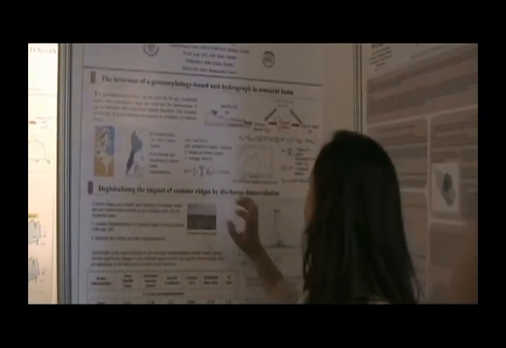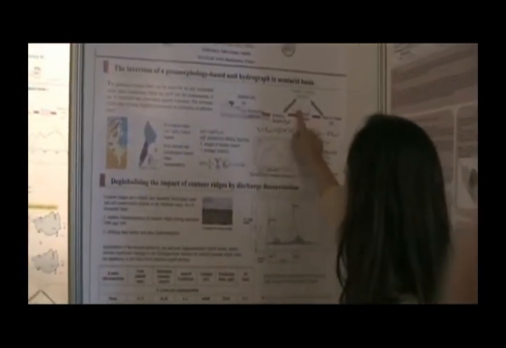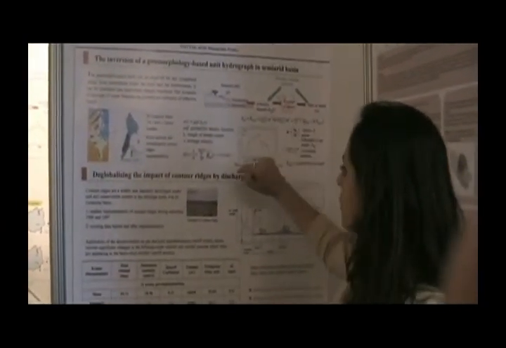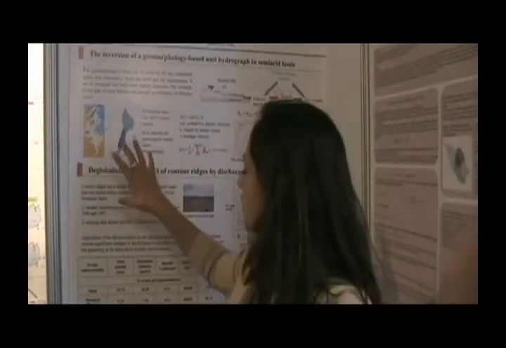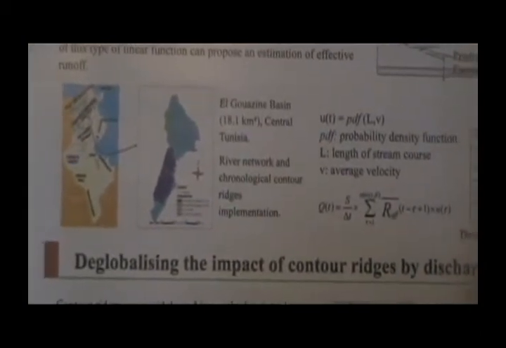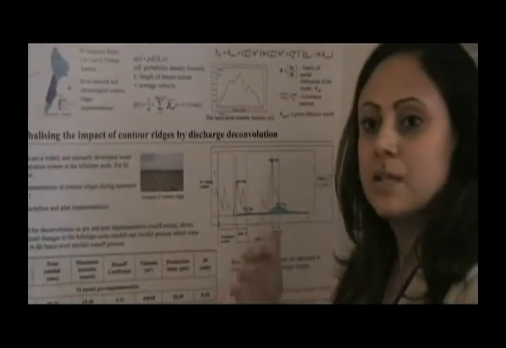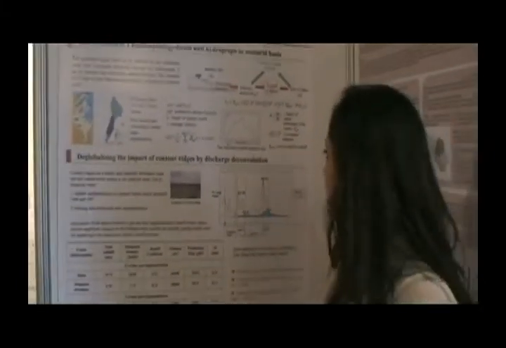In this work, we use the same method of the inverse transfer function, and we use a small basin for which we have measures. We have some hill slope management, and we have data just before and after this management.